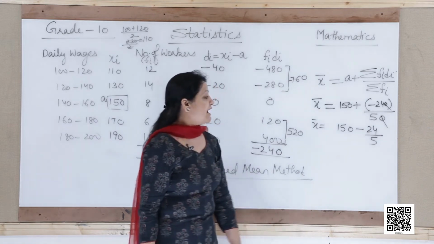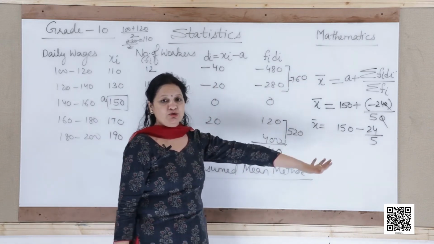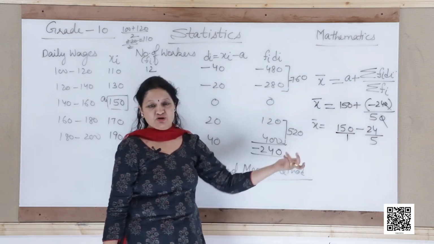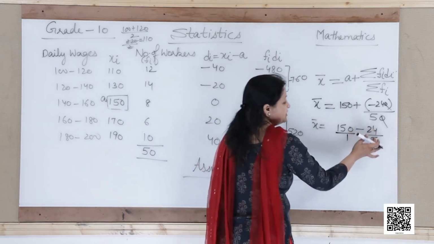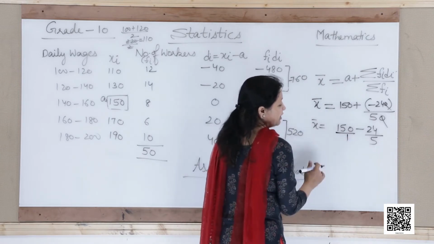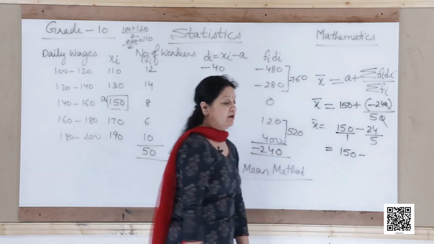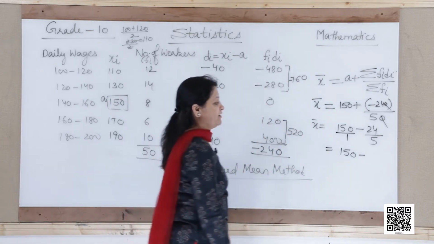Now, entirely your choice from here how to solve. You can either take LCM first and then solve, or you can divide 24 with 5 and subtract it from 150. Like I am doing 150 minus 24 divided by 5.